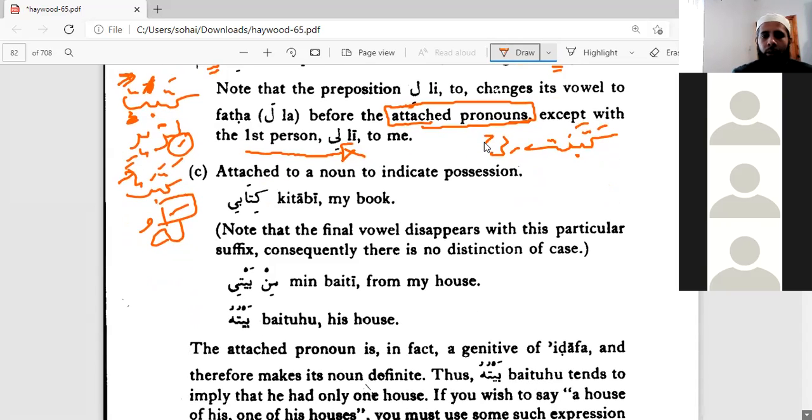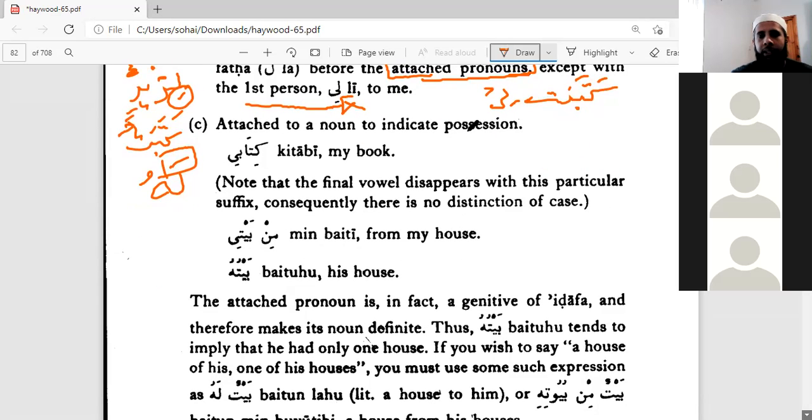Okay, so what we've done so far is when the attached pronouns are attached to, number one, verbs as direct objects. Here's a key point, write this down, like a golden rule which applies all the time: whenever you have an attached pronoun attached to a verb, it's always going to be its object, maf'ul bihi.